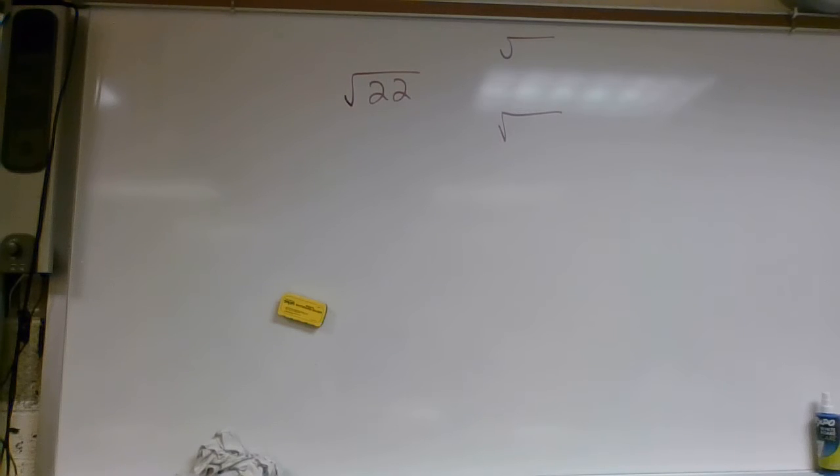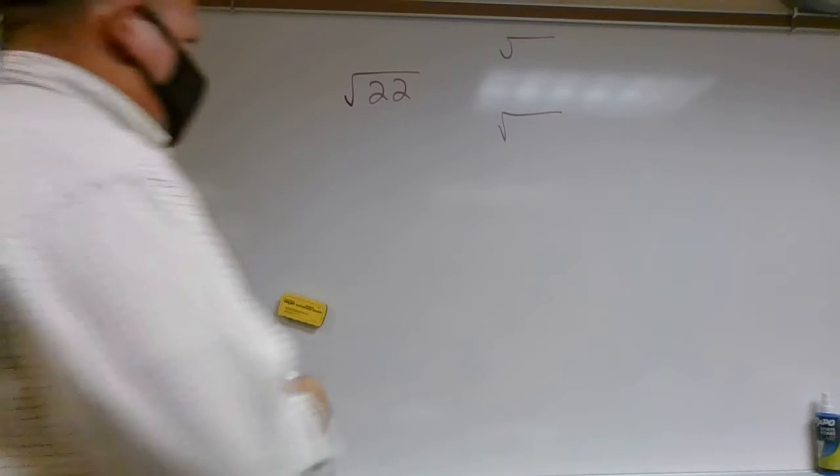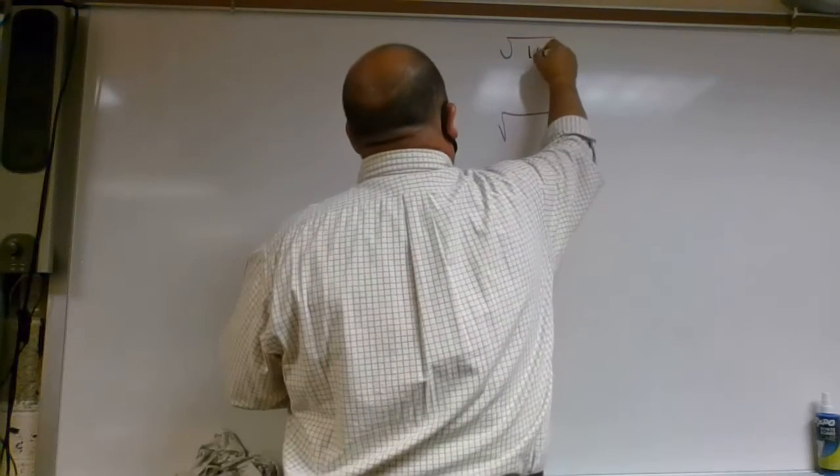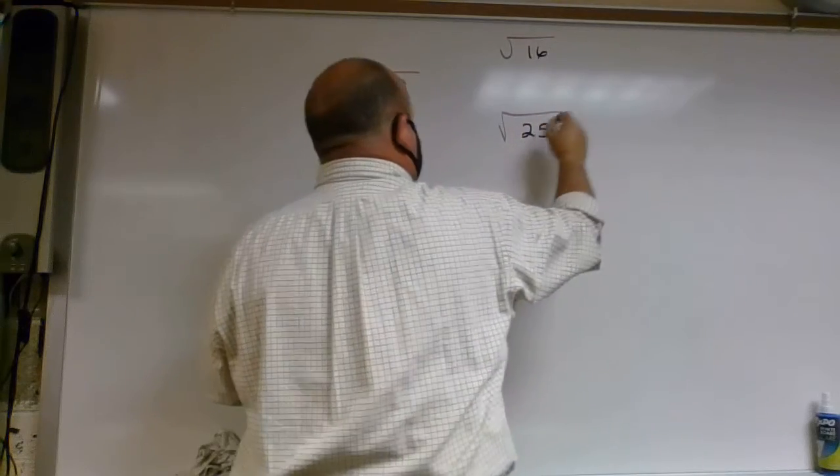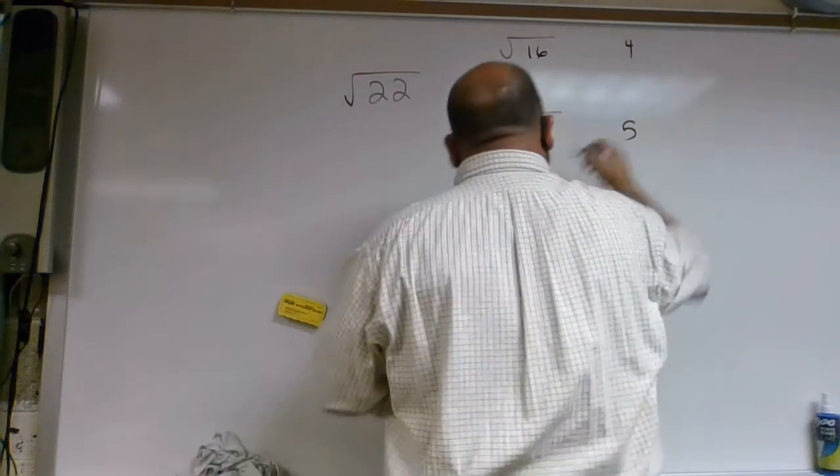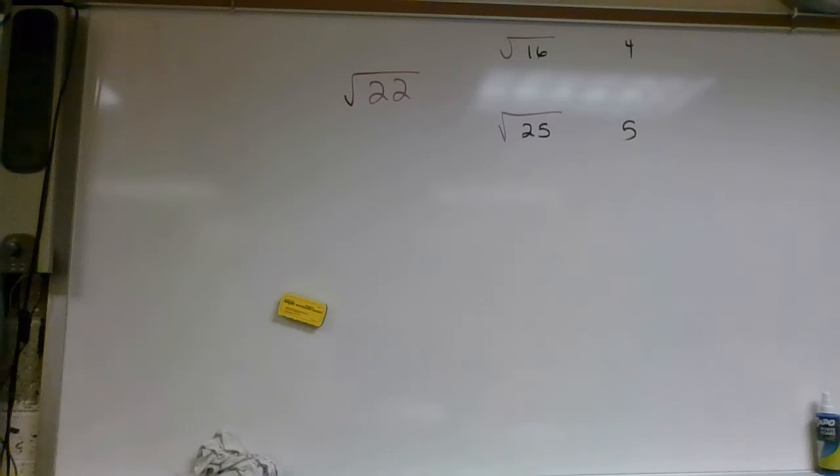All right. What 2 perfect squares does 22 fall between? You're ahead of us. You're telling me the answers to the perfect squares. 16 and 25? Is it wrong that you said 4 and 5? No, you're right. 4 and 5 are the 2 perfect square solutions. It's the square root of 16 and the square root of 25.